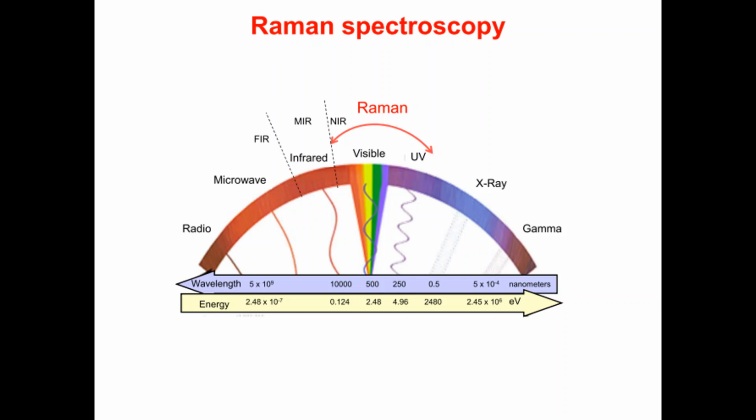Here you can see this spectrum. In this spectrum, you can see that Raman lies between the infrared and UV. So we have NIR along with visible and UV. This is the typical range for Raman.